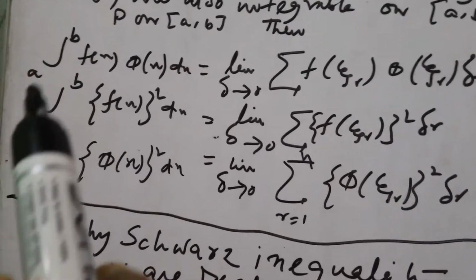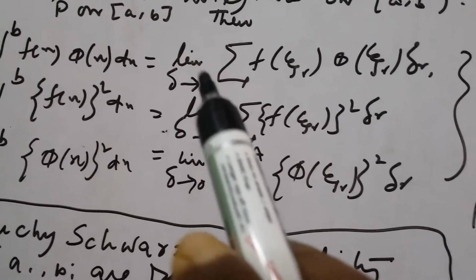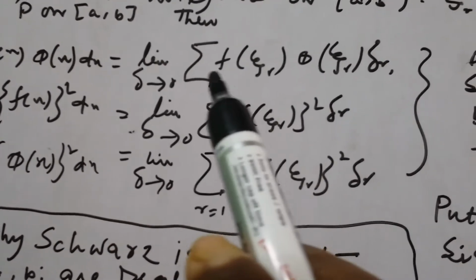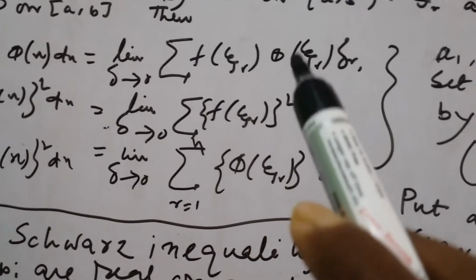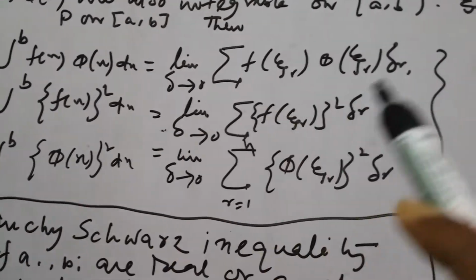Then you can write the integral from a to b of f(x) phi(x) dx equal to the limit as delta tends to 0 of the sum of f(xi_r) phi(xi_r) delta_r, which I told you in my earlier class.